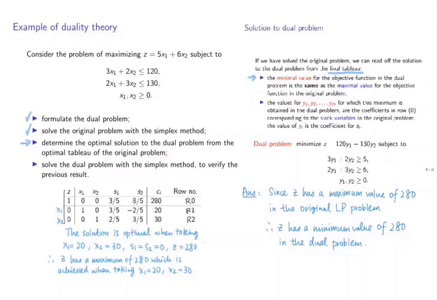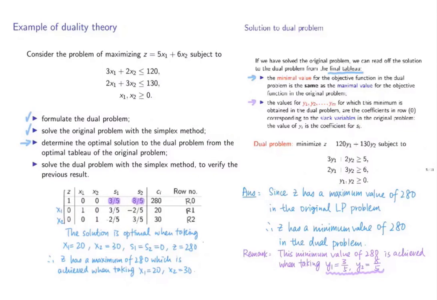So, since Z has the maximum value of 280 in the original problem, therefore, corresponding to the dual problem, with this new objective function, this Z has a minimum value of 280 in the dual problem, and these two values will be the same. On top of the first fact, please also refer to the second fact.